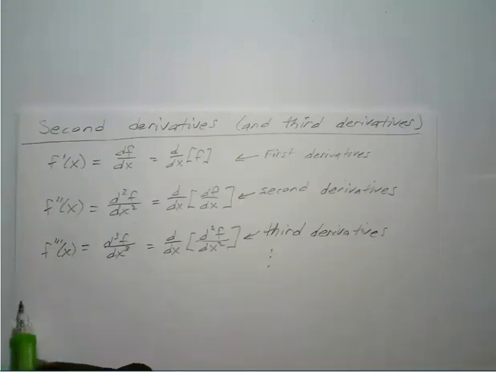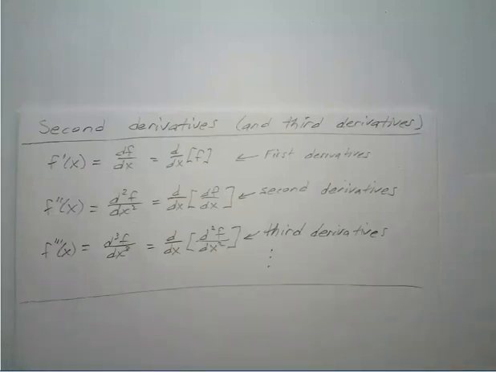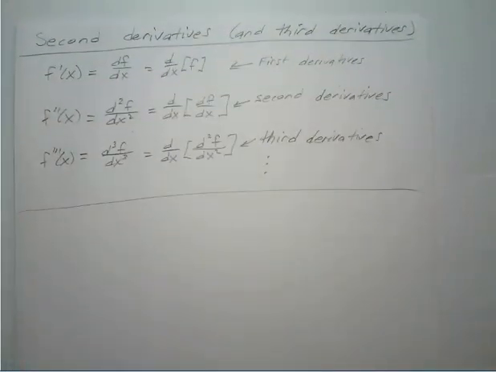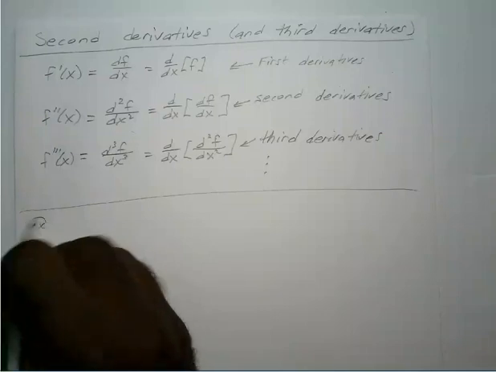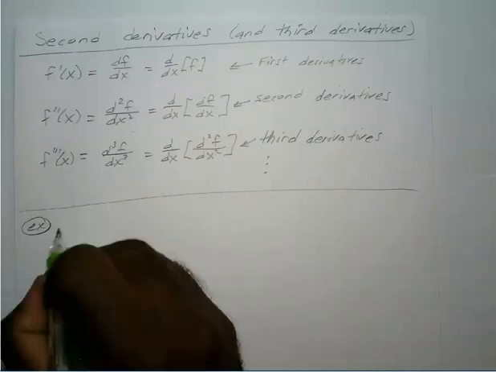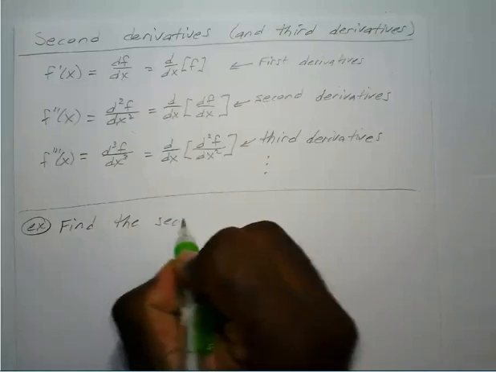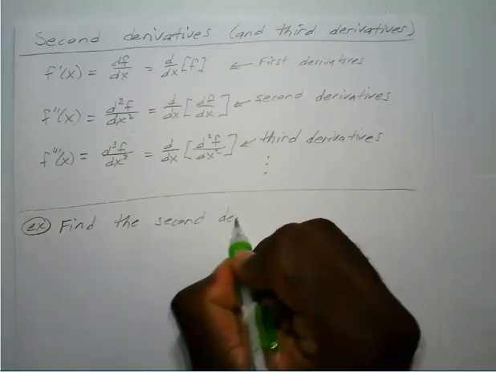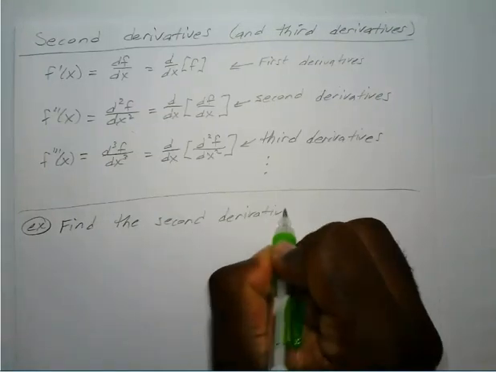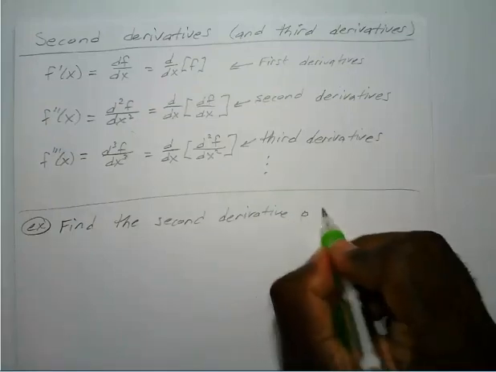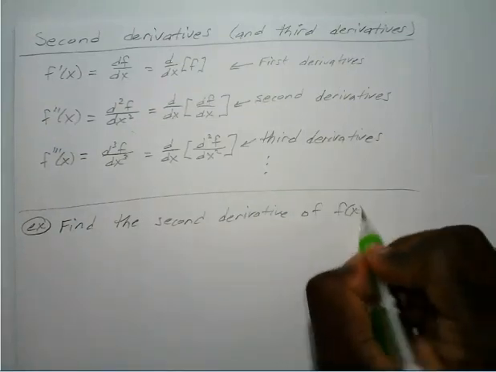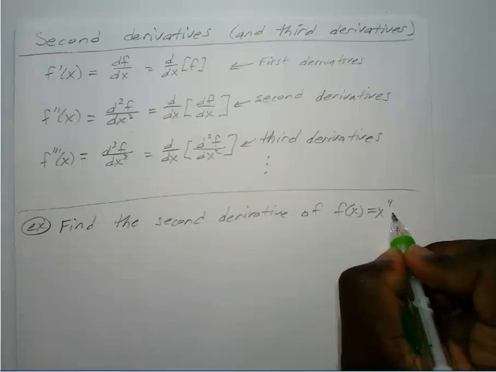So let's look at a few examples of finding the second derivative. Let's say we want to find the second derivative of f of x equals x to the 4th power.